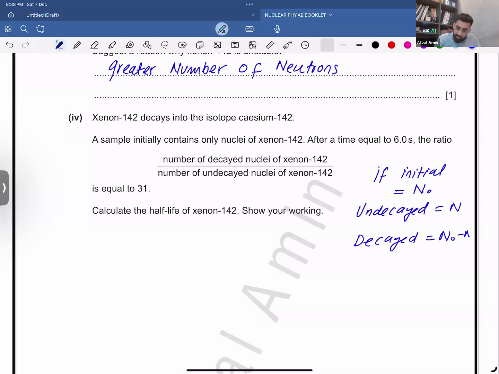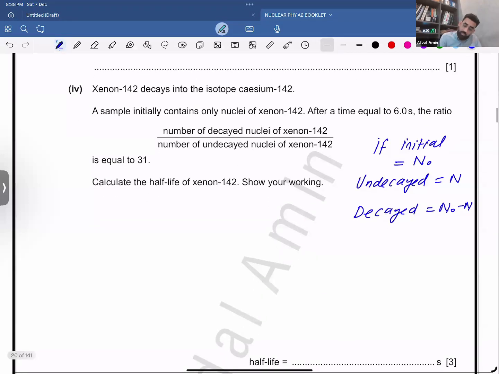N naught minus N. Substitute. So decayed, N naught minus N, over undecayed, remaining N, is equal to 3. First of all, solve this equation. I mean, rearrange.